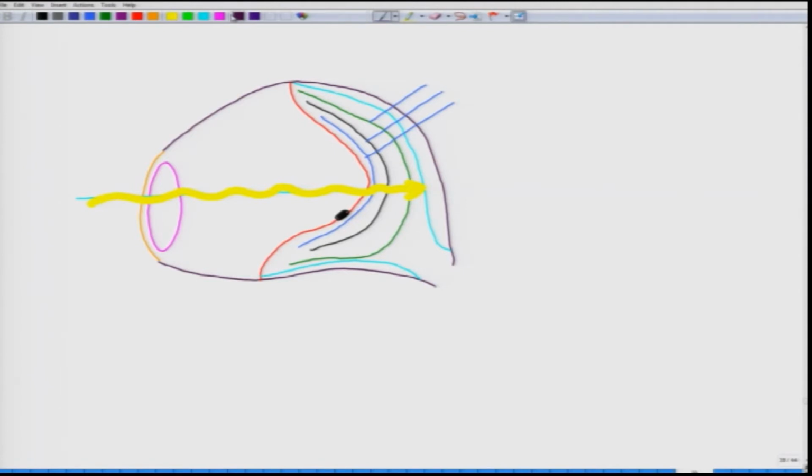So, why is it so? If I have to number the layers, if this is your retinal pigment epithelial layer, this is layer 1, this is layer 2, this is layer 3, this is layer 4, this is layer 5, this is layer 6, and of course, this is what is going to the visual cortex of the brain.